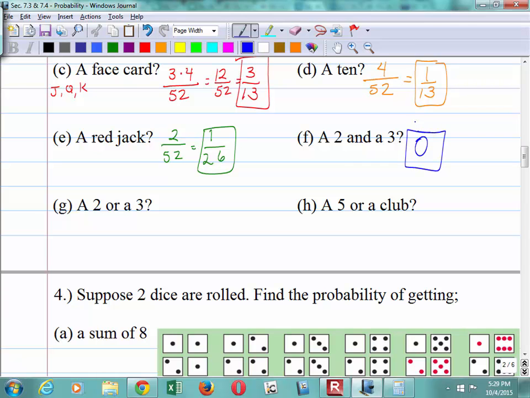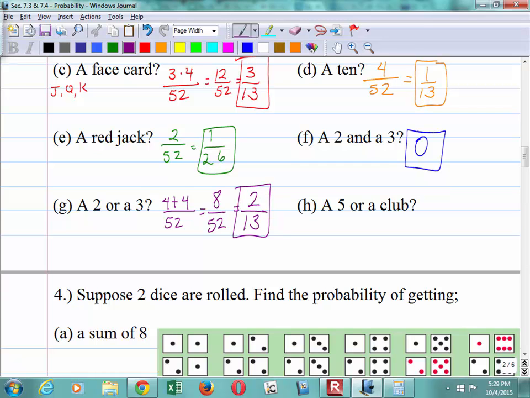A 2 or a 3. Well, there's 4 2s and there's 4 3s. So that'd be 4 plus 4 out of 52, which is 8 out of 52, which is going to be 2 out of 13. And then a 5 or a club.